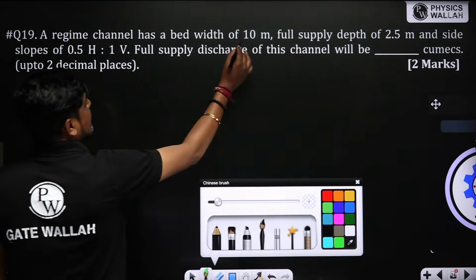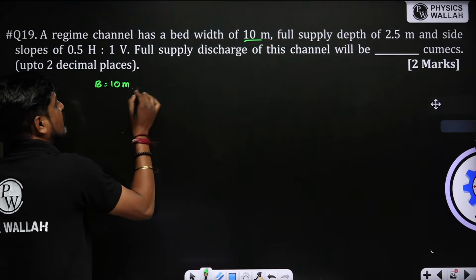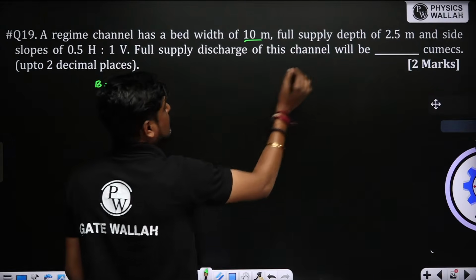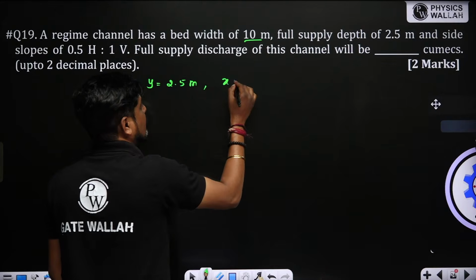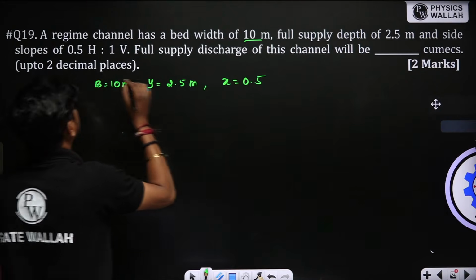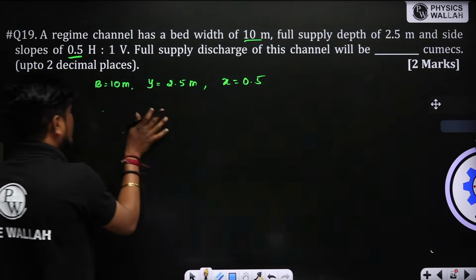So here B is given, depth Y is given as 2.5 meter, X is given as 0.5. So first, find out the perimeter.